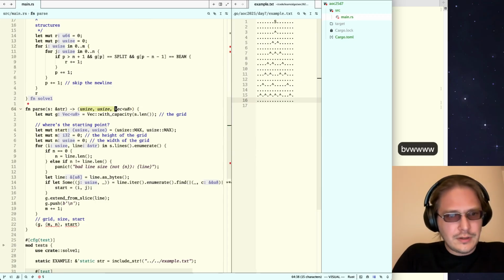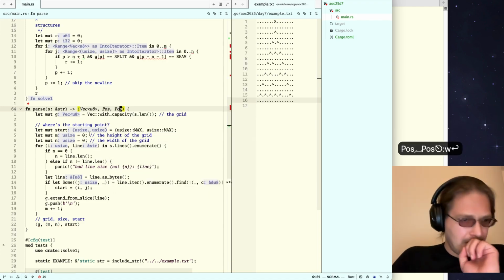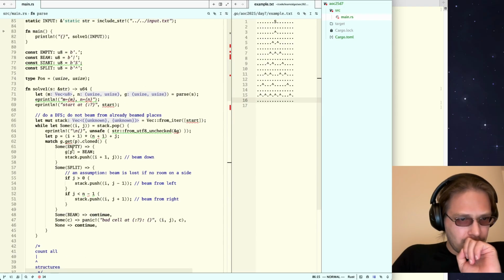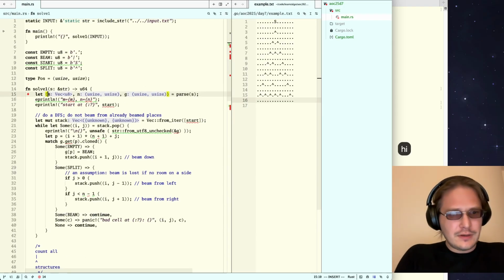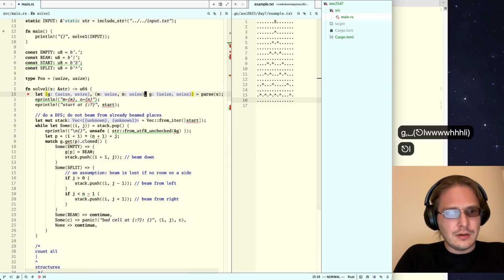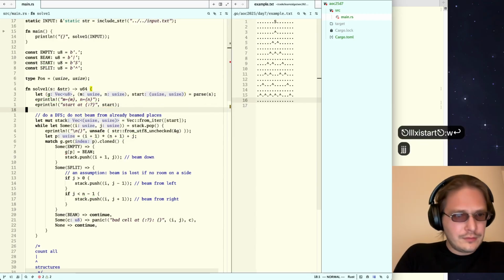And let's say it's a Vec of u8, and a pause. Good. Now I can say that the grid is here, m and n are here, and the start is here. Yes, it works.